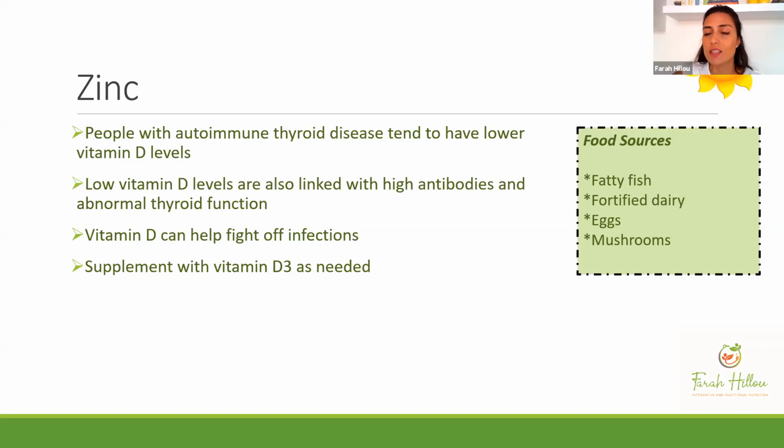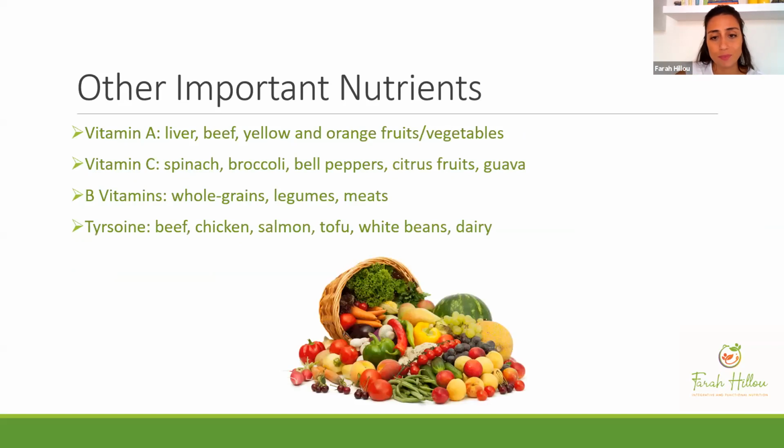Okay, so a few sources include fatty fish, fortified dairy, and eggs. Some other important nutrients to consider for thyroid health are vitamin A, which we find in liver, beef, and beta carotene. So beta carotene is found in all yellow and orange fruits and vegetables.